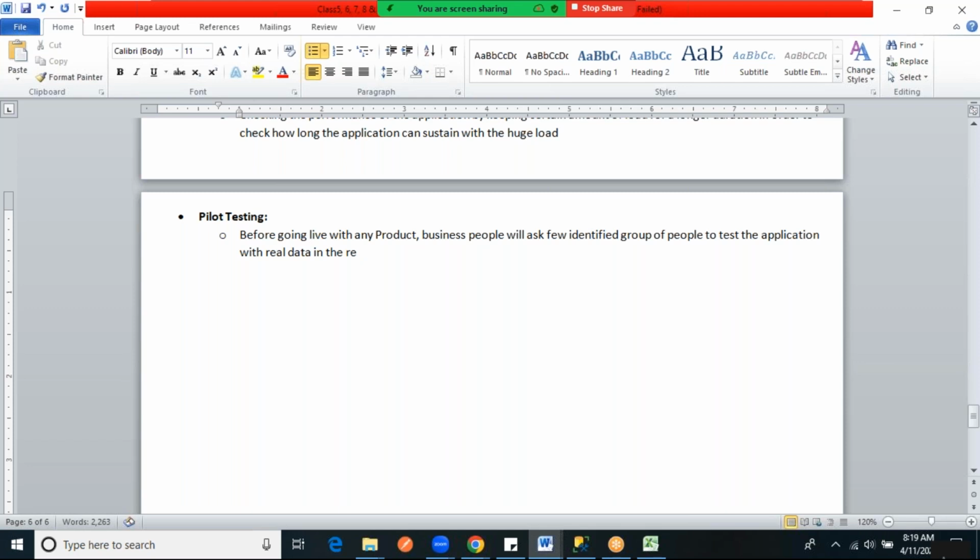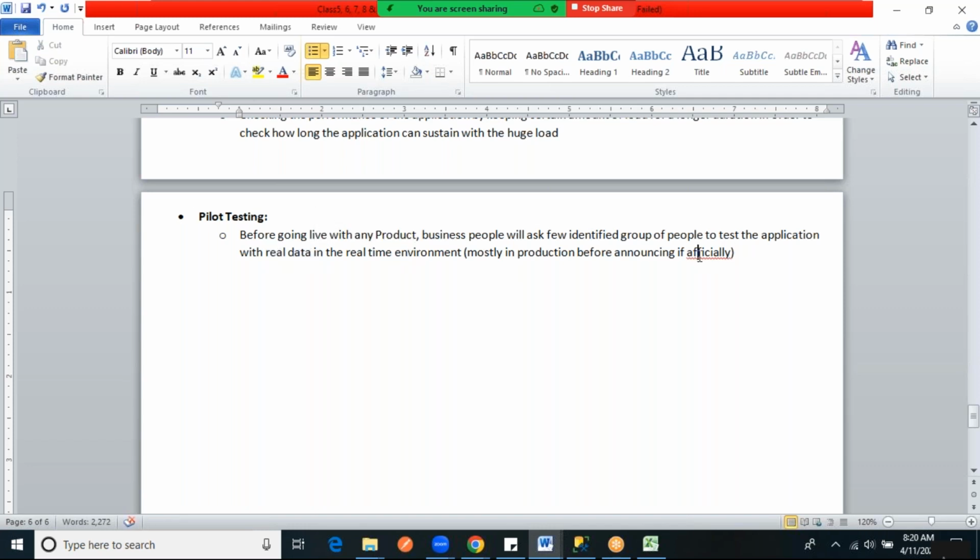It is mostly production only, but you don't announce it as the official production environment. Before announcing it officially, you will ask some group of people to do the testing with real data in the real-time environment.